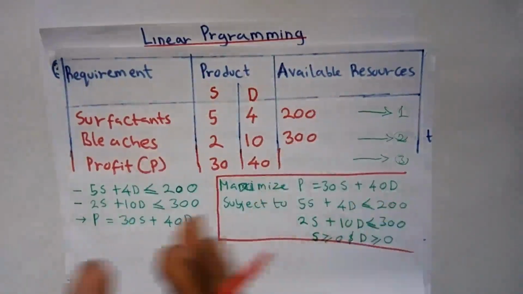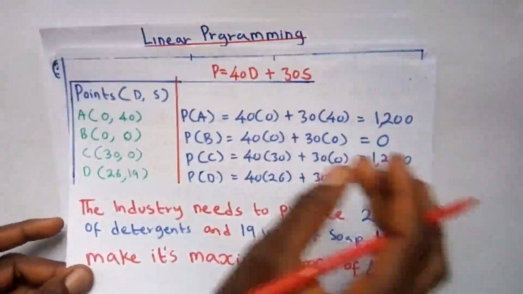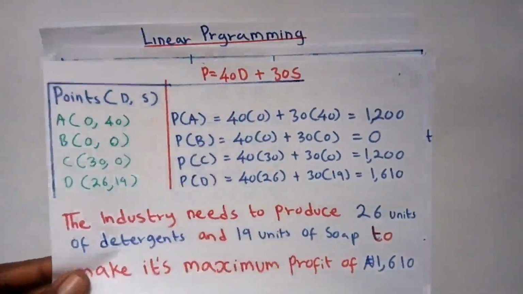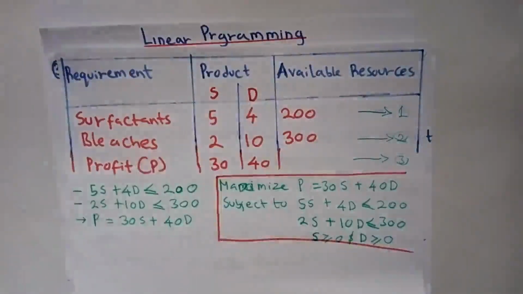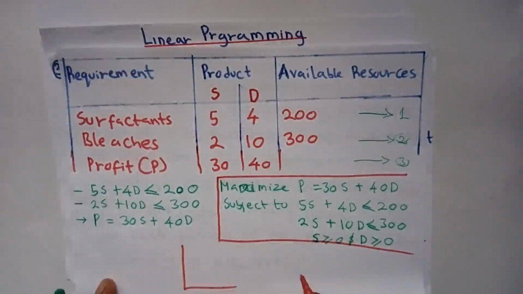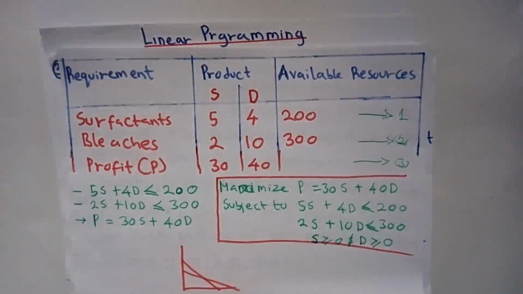So after solving this, we are going to have these 4 points. These 4 points are the points that bound the feasible region after plotting your graph. When you plot your graph, it will be in this format. You have something like this as a graph and something like this as a graph.